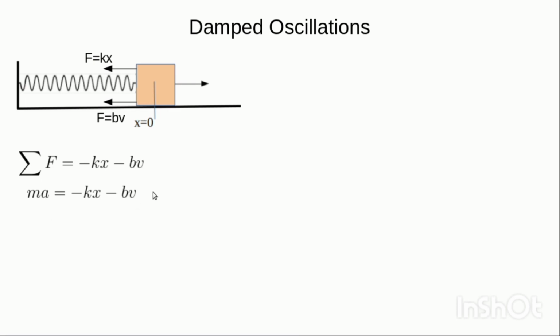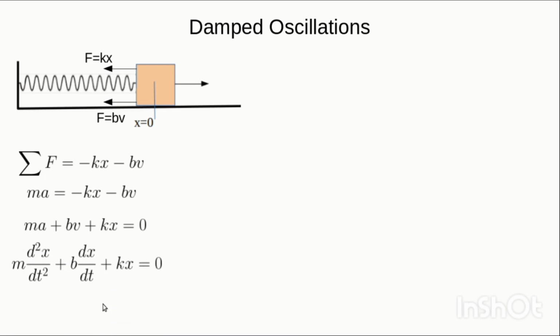We already said that v is velocity. So if we rearrange this equation, we have ma plus bv plus kx equal to 0. And if we put it in differential form, where a is the same thing as d squared x dt squared and v is dx dt, we have something of this form.